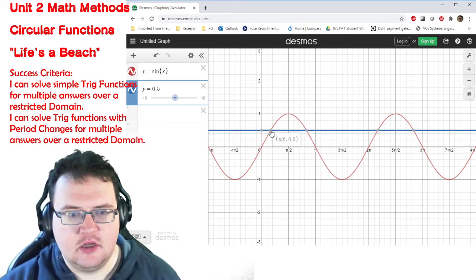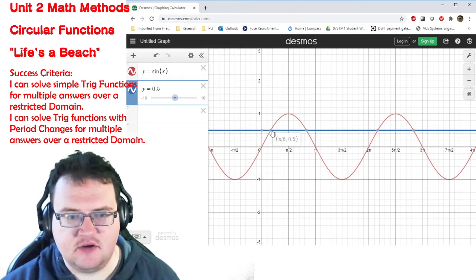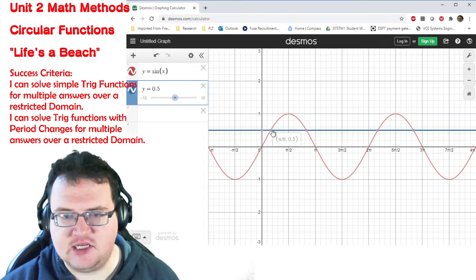All right. So this one is pi on 6 from 0. This one is pi on 6 from pi. So if you notice here, the first one is at pi on 6.